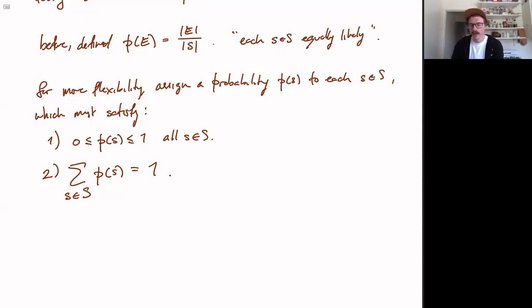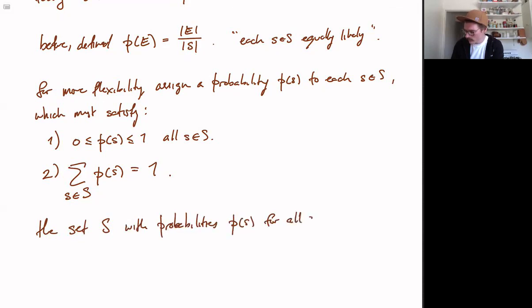So we have a name for these things. This is what we are calling a distribution. So the set S, which is, again, we're going to call our sample space, together now with probabilities for each element, is called a probability distribution.